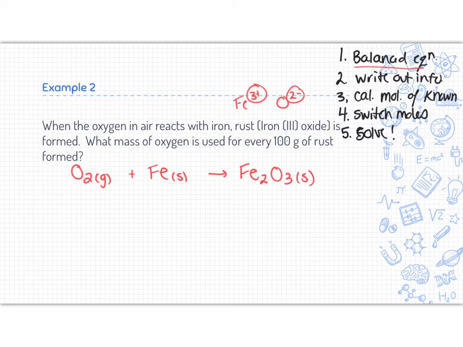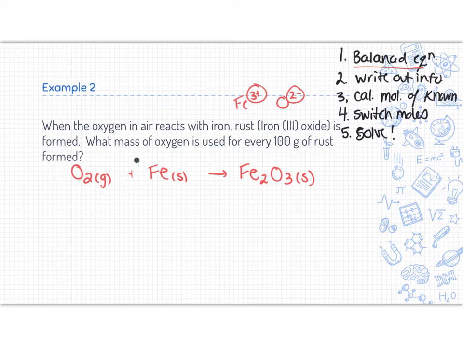All right, this is an equation, but it's not yet balanced. So let's balance this one. There are 2 irons here and only 1 on this side, so I would look to putting a 2 here. However, now there's 2 oxygens and 3 oxygens, so the 2 isn't good enough.